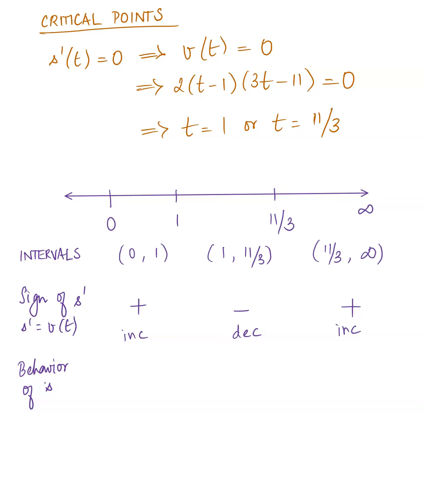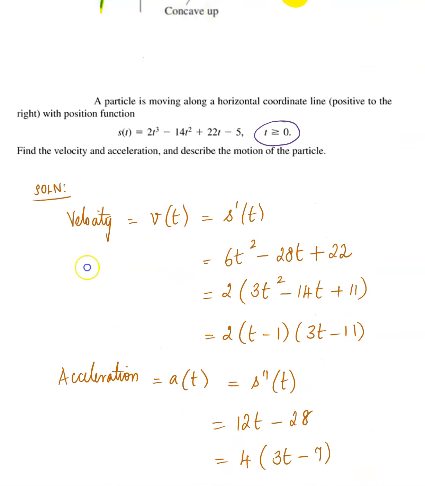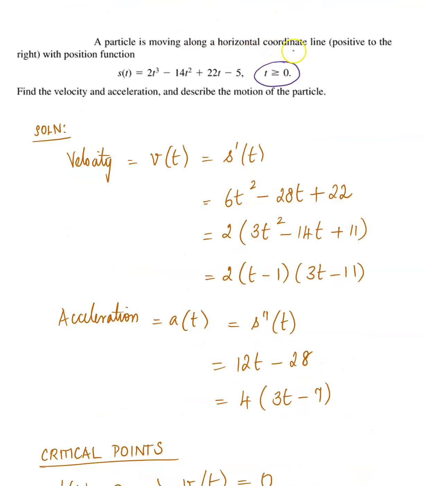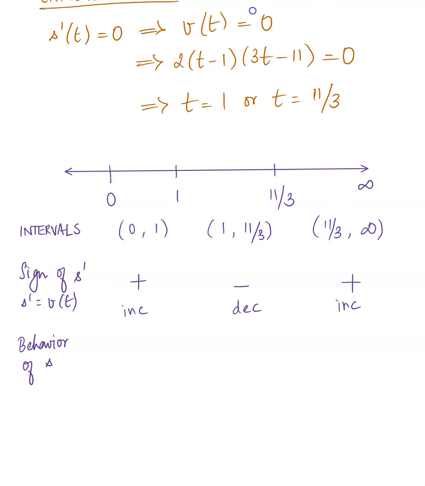The particle is moving along the horizontal coordinate line, positive to the right. That is the positive direction, so if it is moving against that direction, that will be negative. If it's negative, it has to be moving in the left direction. So positive would mean the particle is moving right.